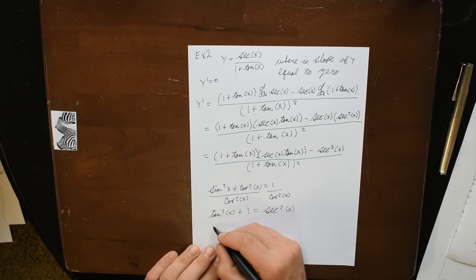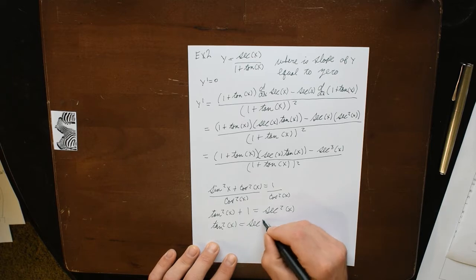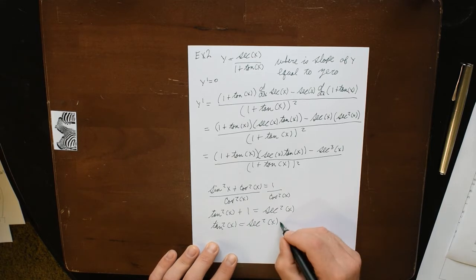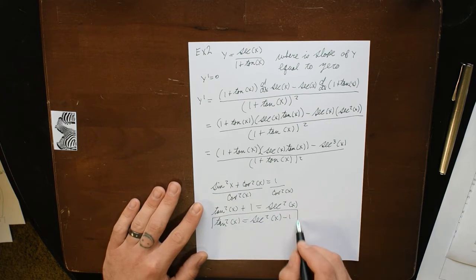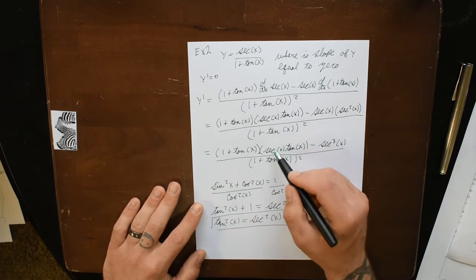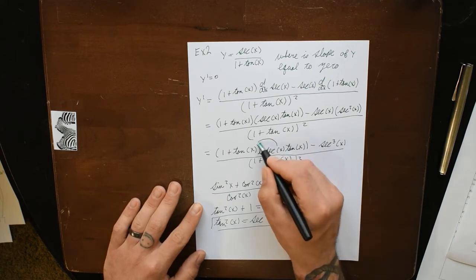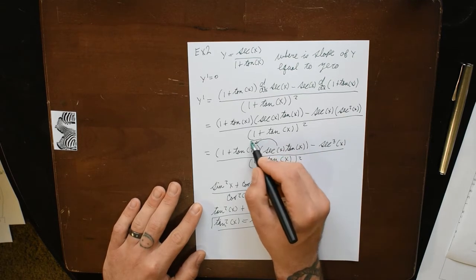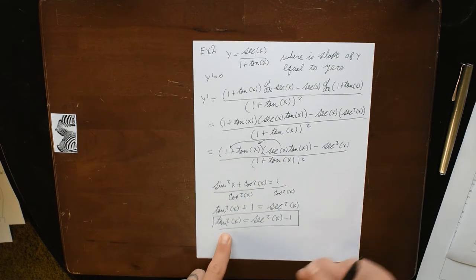Solving for tangent squared says that the tangent squared of x is equal to a secant squared of x minus 1. And so we're going to distribute a secant of x and a tangent of x across 1 plus tangent of x. And we're going to perform this substitution.